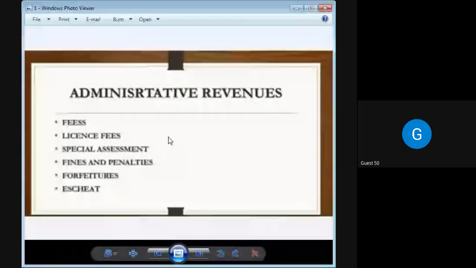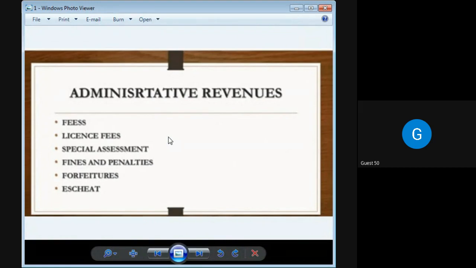Fees means whatever services you are taking from the government company or public company, on behalf of that public service you pay some fees. Okay, you pay some charge. So that can be one source of the administrative public revenue, and that type of fees comes under the administrative revenue source. Okay, आप इसको fees को administrative revenue की category में कर सकते हैं.